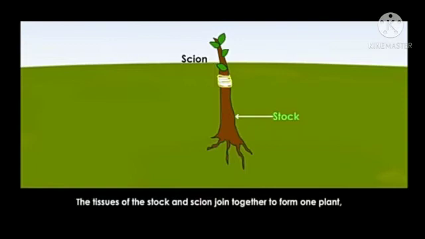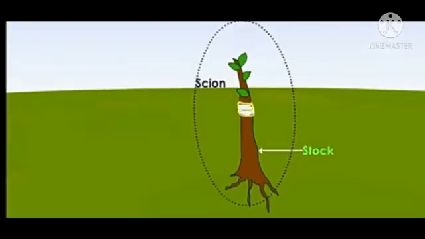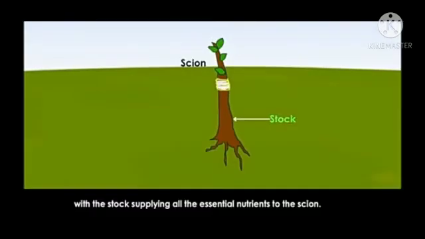Actually, the stock is chosen for its good roots and resistance to disease, while the scion is chosen for its good flowers or fruits. Due to cell division in the cambium of scion and stock, the two stems join together and grow as one plant, with the stock supplying all the essential nutrients to the scion.